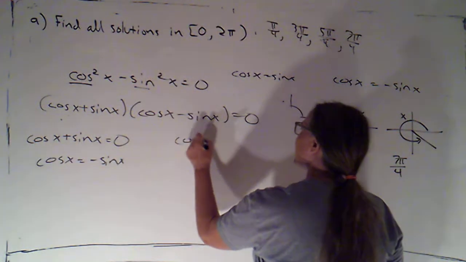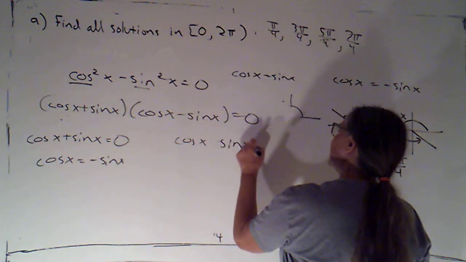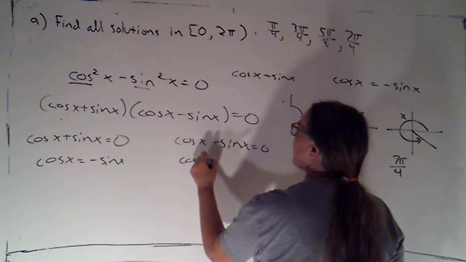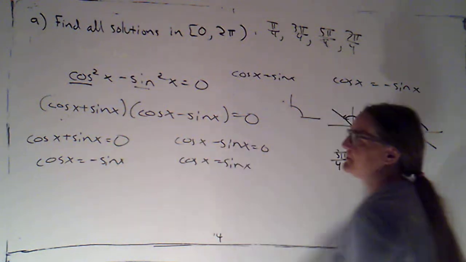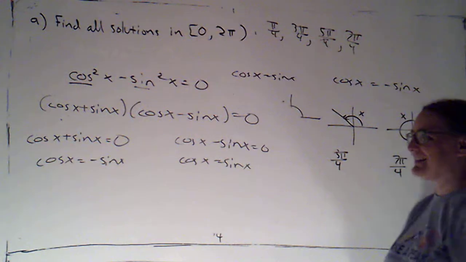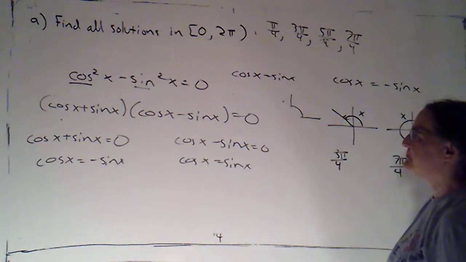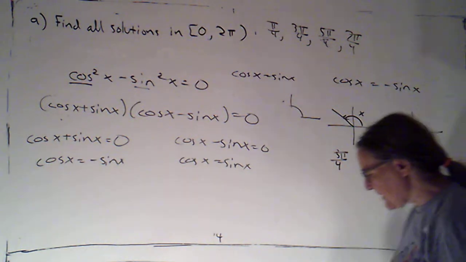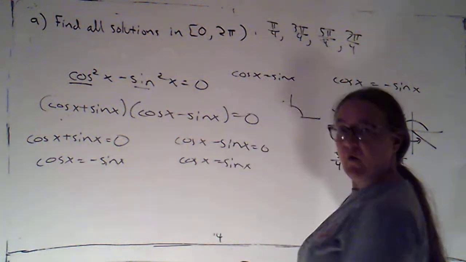And if cosine x minus sine x equals 0, cosine of x equals sine of x. So I get those same two relationships. I'm going to get my same answers. Okay, so that's just a special relationship that I wanted to point out.